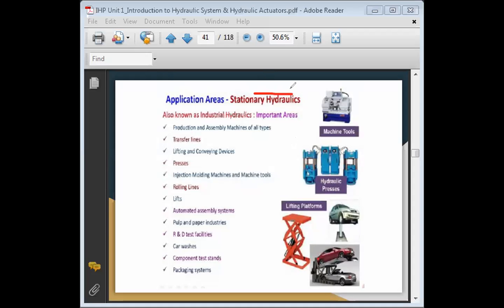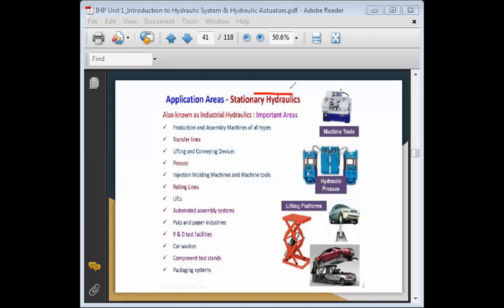So in this slide, I'm going to talk about stationary hydraulics. These are the areas corresponding to stationary hydraulics. The meaning is that the power pack cannot move from one place to another. Stationary hydraulics means your power pack unit cannot move from one place to another place.